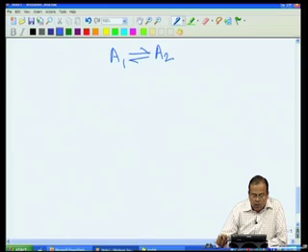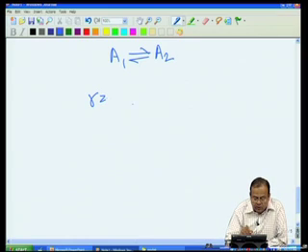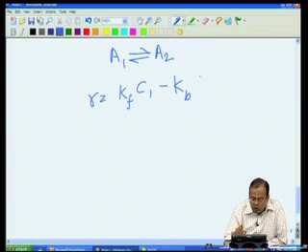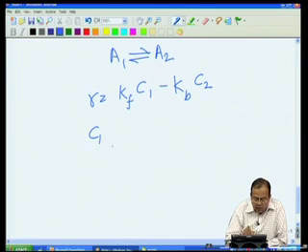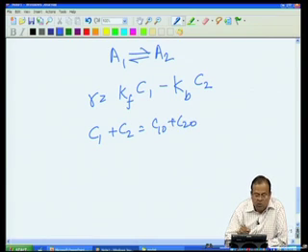So, our rate of reaction is forward reaction rate constant into concentration of C1 minus backward reaction rate constant into concentration of C2. We know C1 and C2 are related to each other, that is C1 plus C2 must be C10 plus C20, the overall mass balance equation.